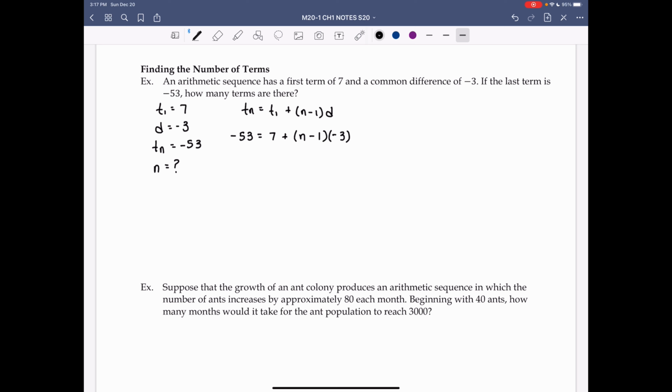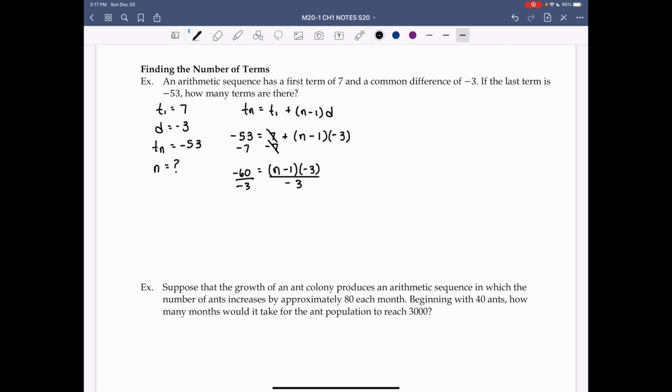We want to isolate n, so I'm going to start by subtracting 7 from both sides. Then I get negative 60 equals 7 minus 7 is 0, n minus 1 times negative 3. I could multiply the negative 3 into the brackets and then isolate the n, or I can divide both sides by negative 3 to move it over now. I'm going to do that.